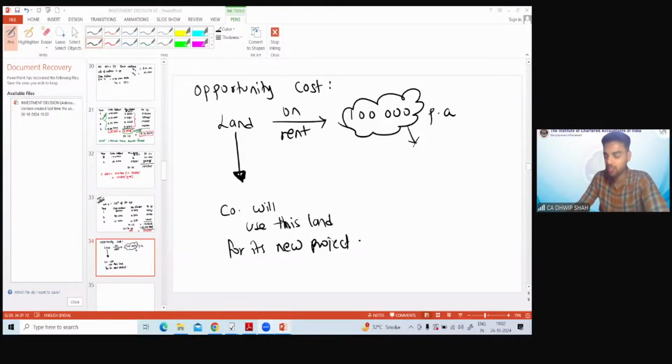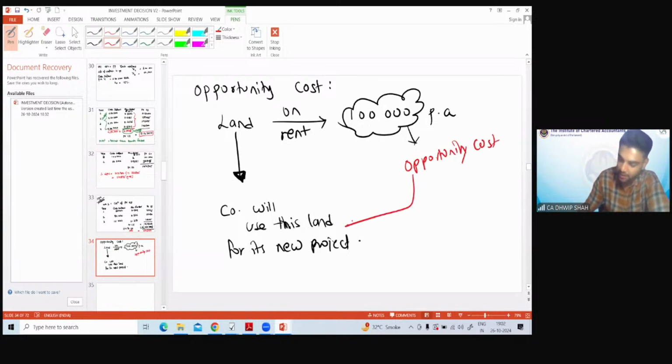Company has lost this opportunity of earning 1 lakh, and that lost opportunity is called opportunity cost. And can I say it is relevant for this project? Because had this project not been taken, I would have earned this 1 lakh. But because of taking this project, I am losing the opportunity. Yes or no?